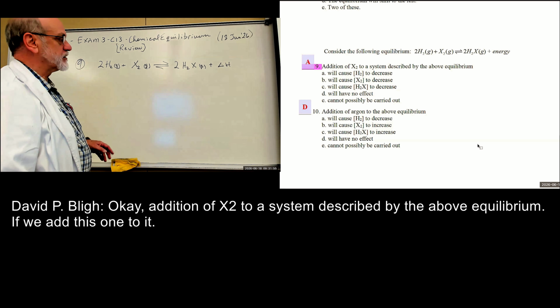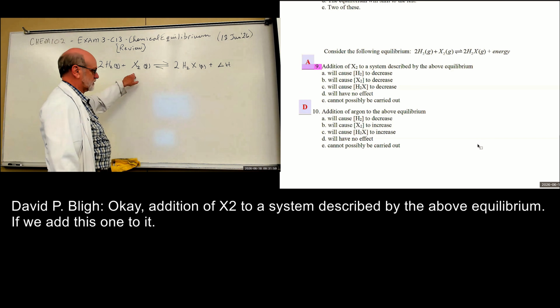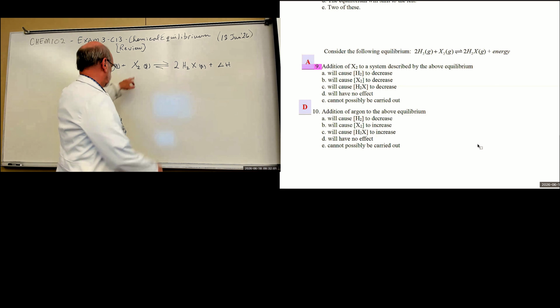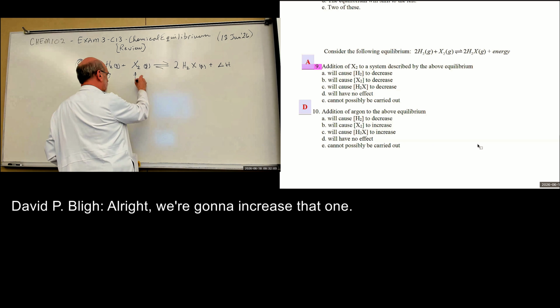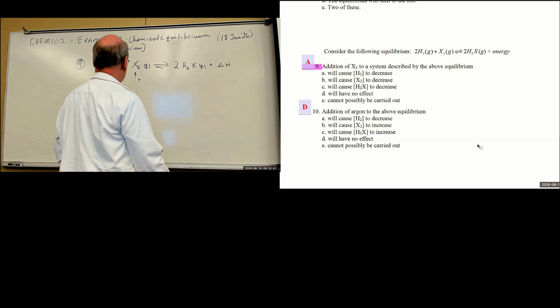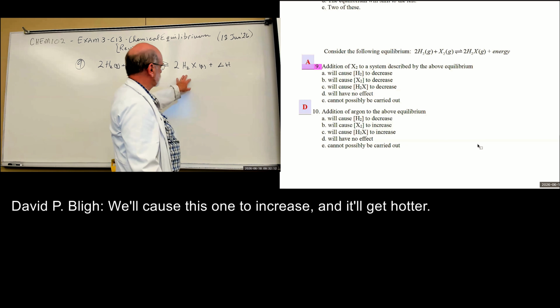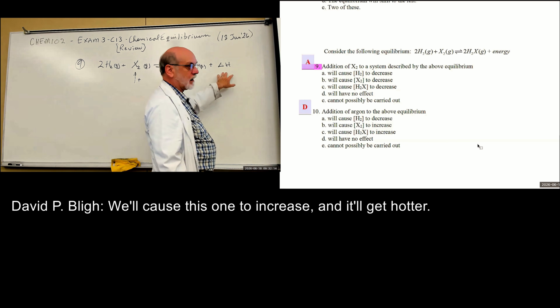Okay, addition of X2 to a system described by the above equilibrium. If we add this one to it, we're going to increase that one. Then what happens? Well, let's see. We'll cause this one to decrease. We'll cause this one to increase, and it'll get hotter.